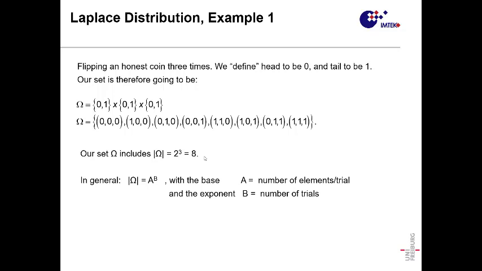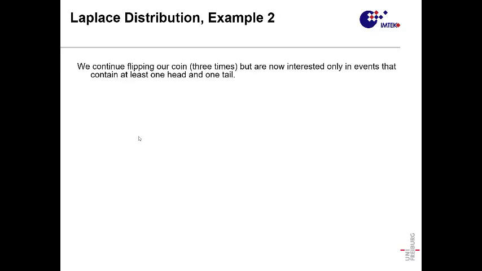In this case, where order matters, it is 2 to the power of the number of repetitions of this binary outcome. So it will be 2 to the 3 because you flipped the coin 3 times, and 2 to the 3 is 8. This is to make it easy so you don't have to put all the combinations and then count them. So our whole space, omega, is 8.